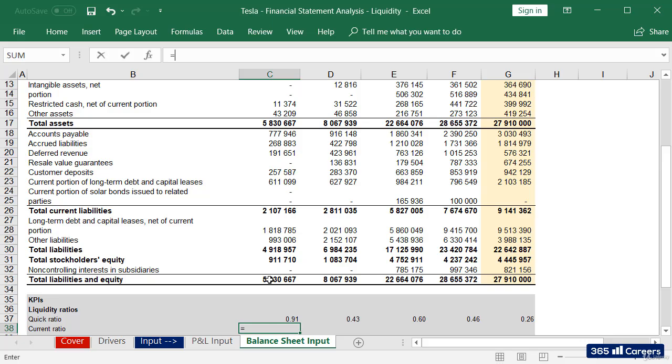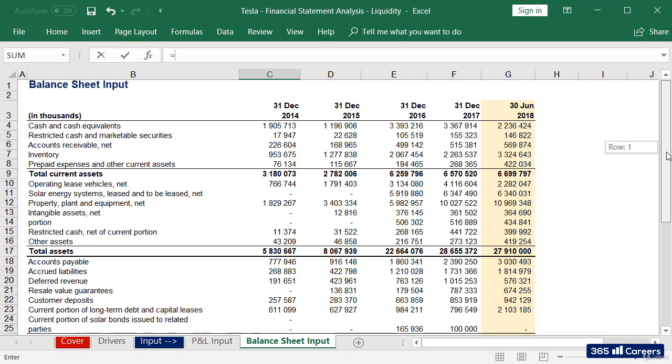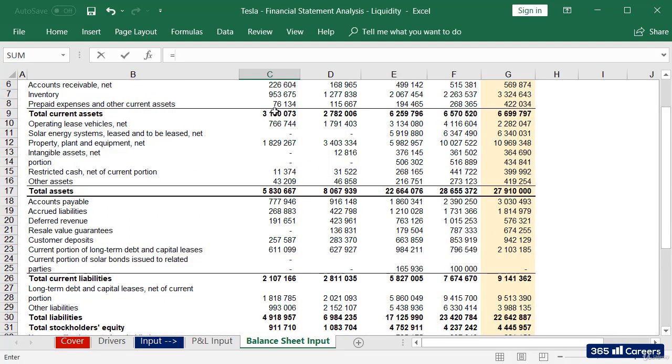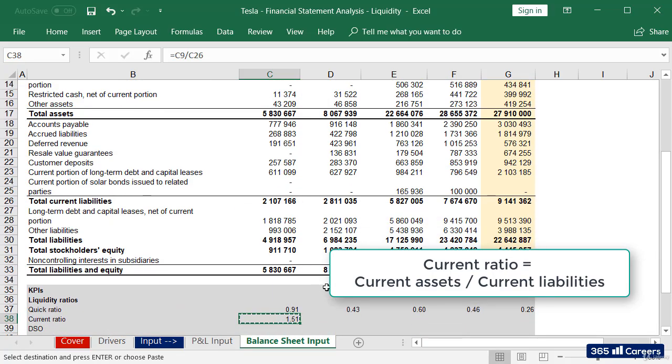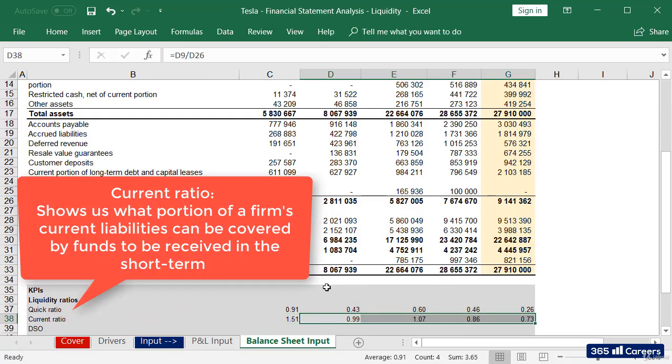Next on our list, current ratio, which is very similar to the quick ratio, but is a bit more comprehensive. It includes all current assets. The current ratio is the fraction between current assets and current liabilities. It shows us what portion of a company's short-term liabilities can be covered by funds the firm expects to receive in the short term.